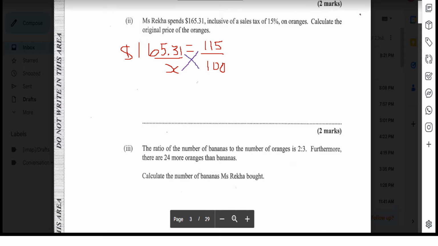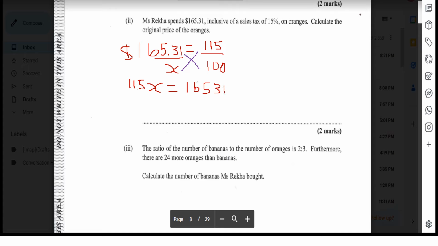So that this side would read 115x. On the other side, we multiply 165.31 by 100 to be 16531.